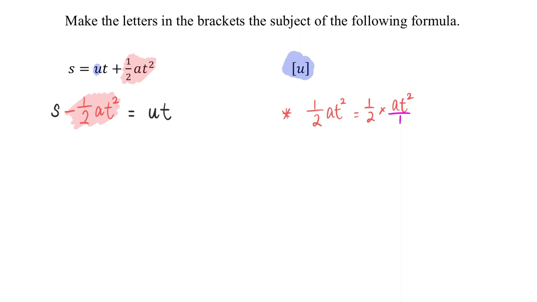So actually, I can rewrite it as 1 times AT squared over 2 times 1, so I can rewrite it as this. And therefore, this will help me later on. I will rewrite this as AT squared over 2.